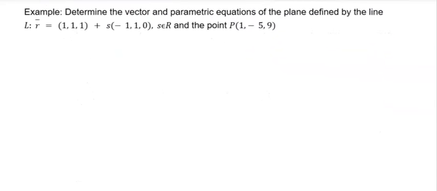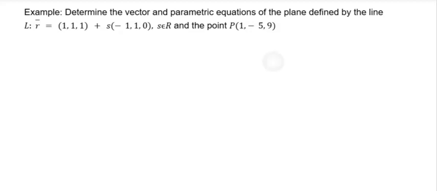Okay, let's try to find the vector and parametric equations for the plane that's defined by the line r = (1, 1, 1) + s(-1, 1, 0), and also this point P (1, -5, 9). In order to do this, I'm just going to quickly sketch this out.